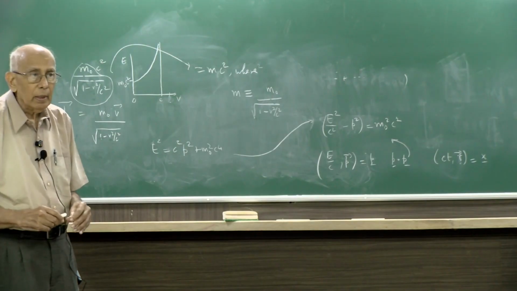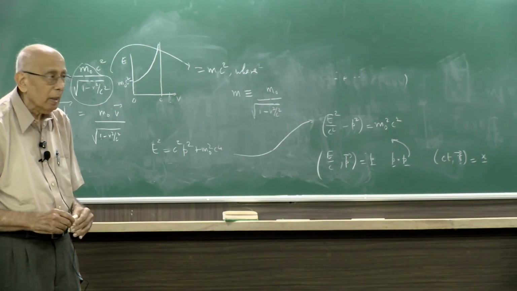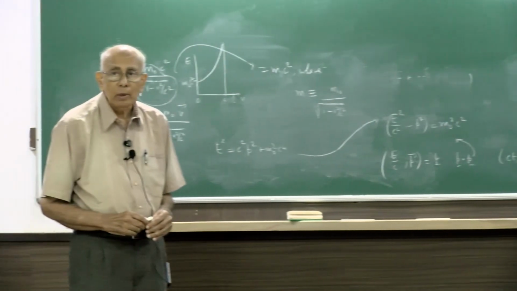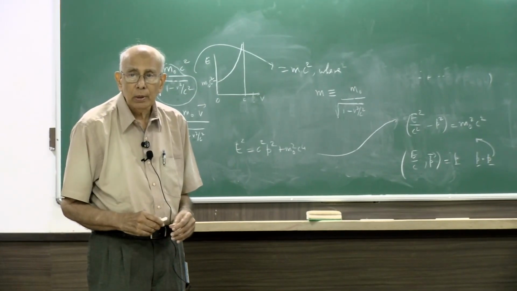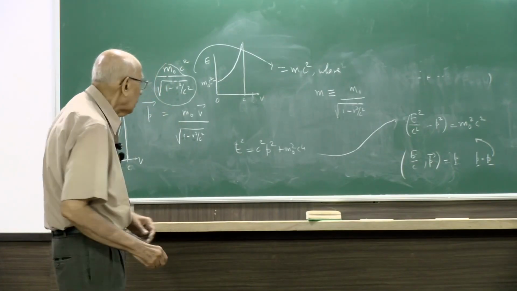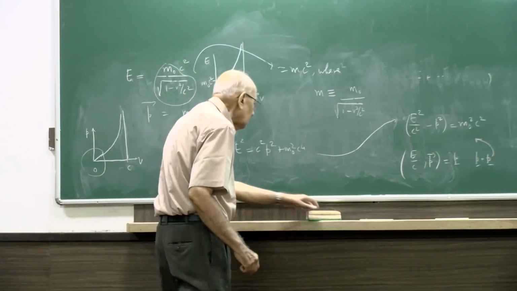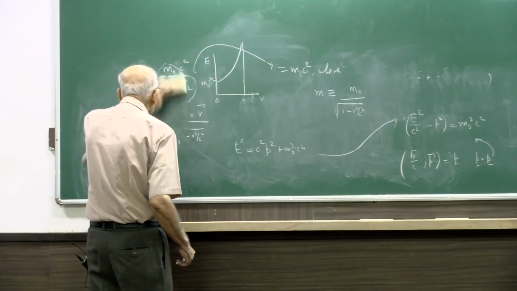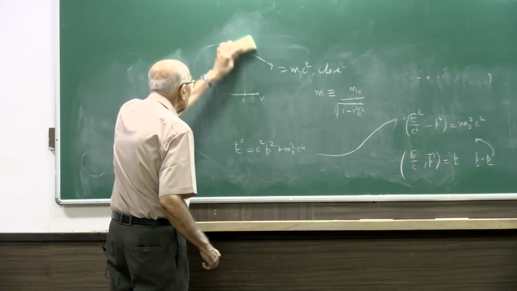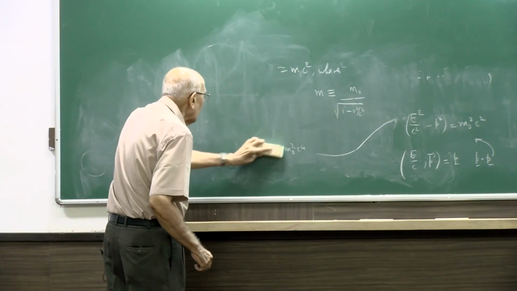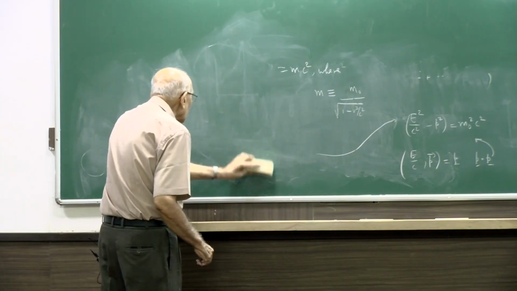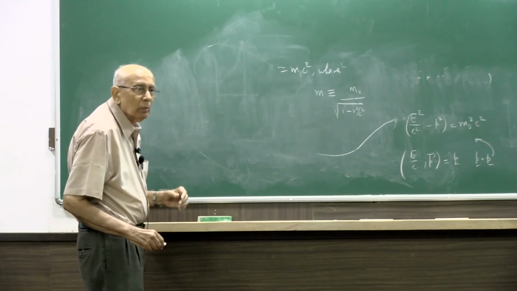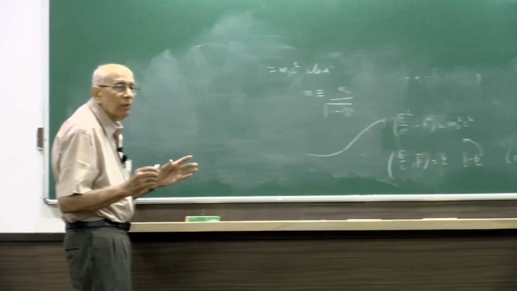And the whole thing happens because of Einstein's postulate. So special relativity rests on a physical postulate first made by Einstein clearly, and that says that the speed of light is independent of the velocity of the observer or the source. Let me digress a little bit and say it. Suppose in my coordinate system, at t equal to 0, according to my clock, I set off a spherical pulse of light.